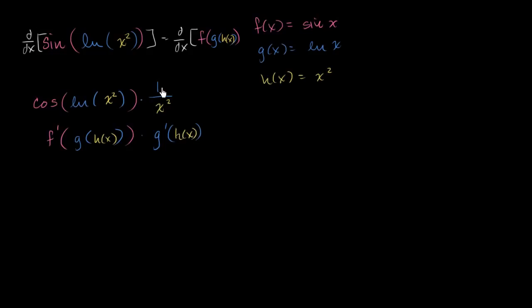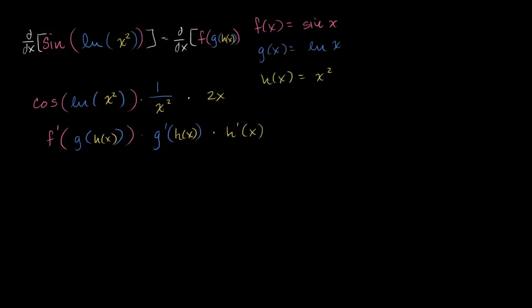And finally, we just have to take the derivative of our innermost function with respect to x. So the derivative of x squared with respect to x is 2x, so times h prime of x. Let me make everything clear.